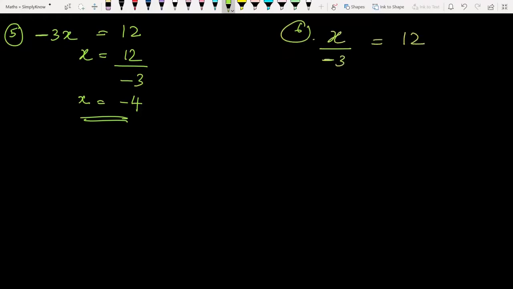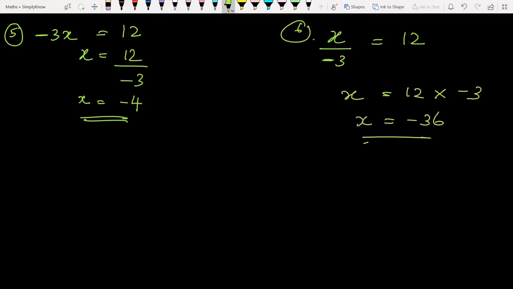Do not change -3 into +3. When you transpose or when you transfer, this division will become a multiplication only. So this is our step. x equals 12 times -3. So our answer is -36.